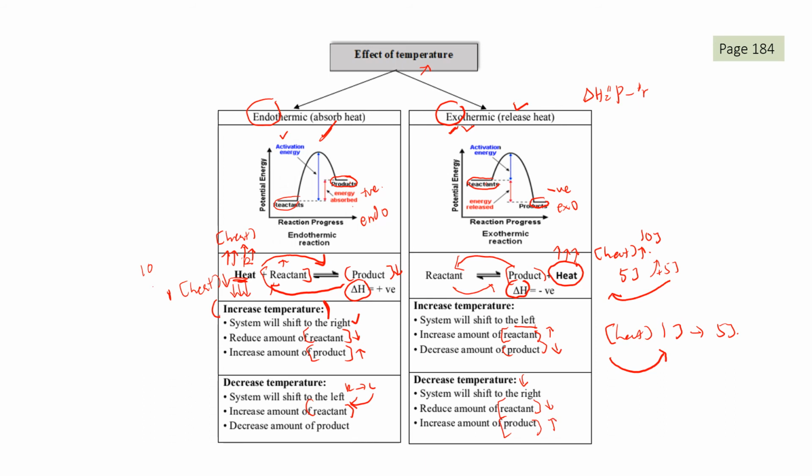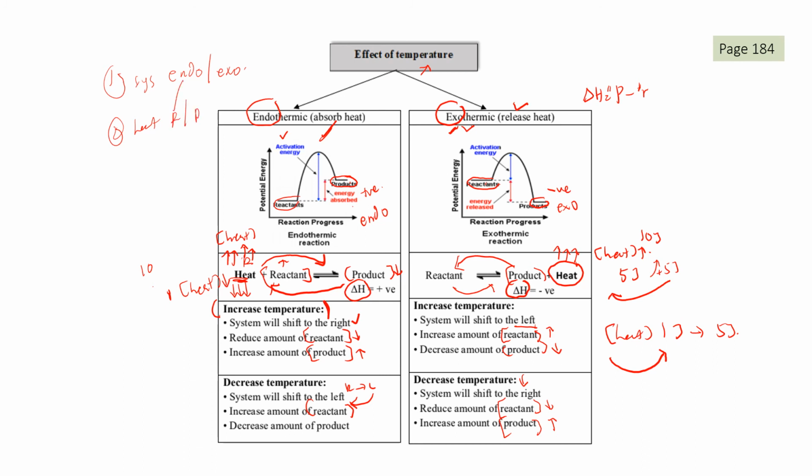So bila soalan tanya mengenai temperature, when you apply the changes in term of the temperature, the first thing that you have to do is identify the system, sama ada sistem tu adalah endothermic ataupun exothermic. Once you dah identify dia adalah endothermic or exothermic, identify the position of the heat. Either the position of the heat is in the side of the reactant ataupun side of the product.